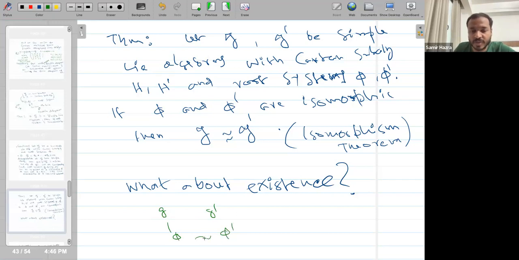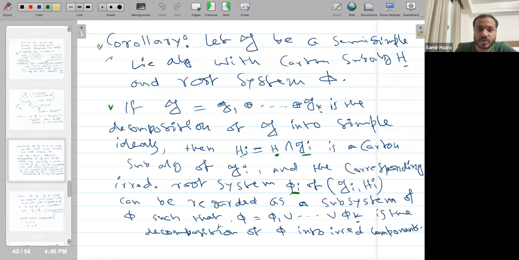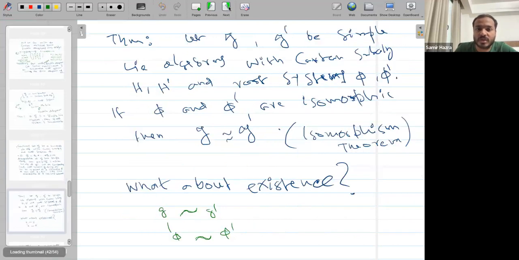Suppose these are isomorphic, then G is isomorphic to G dash. We are doing it for simple, but then again, by this corollary, we can actually generalize this to the semi-simple case.